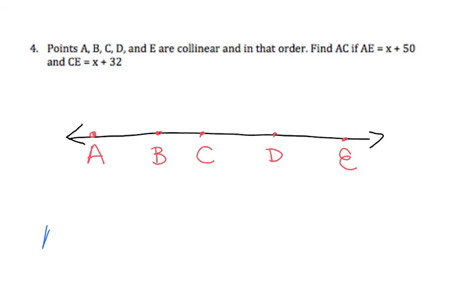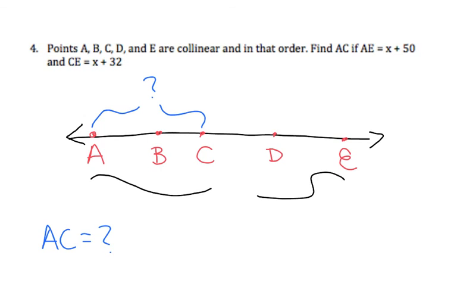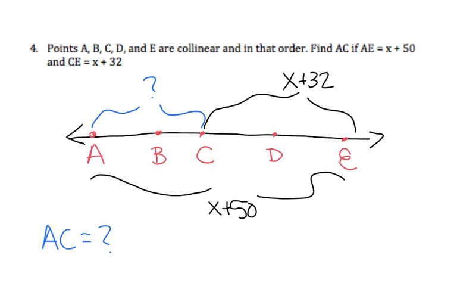Find AC. Find AC if AE, make sure you're paying attention, A to E is x plus 50, and C to E is x plus 32.